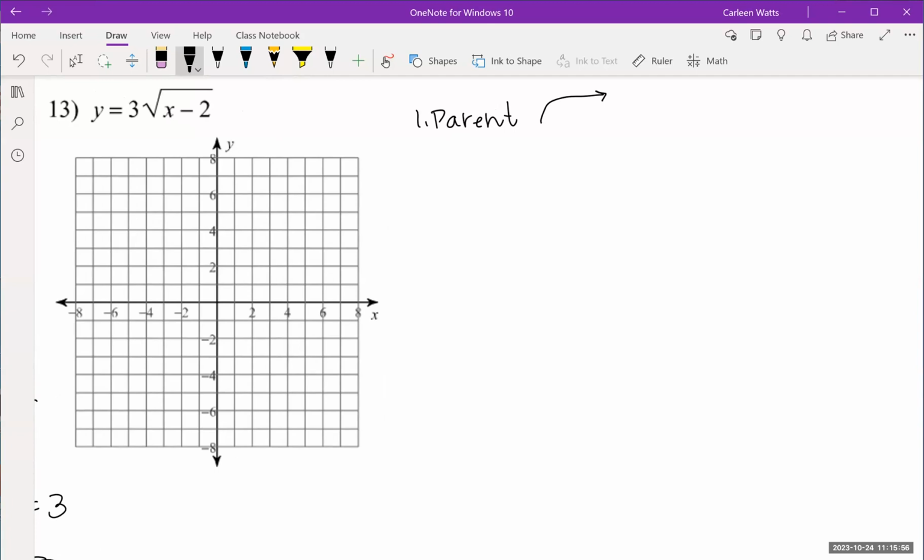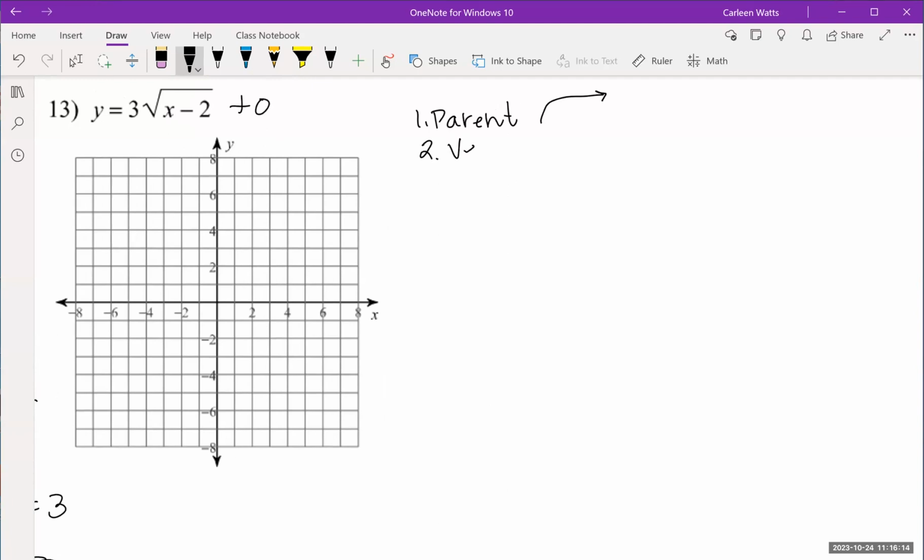X squared hugs the y-axis, square root of x hugs the x-axis, but it only has one arm. And this is plus 0 again, because there's nothing over there.